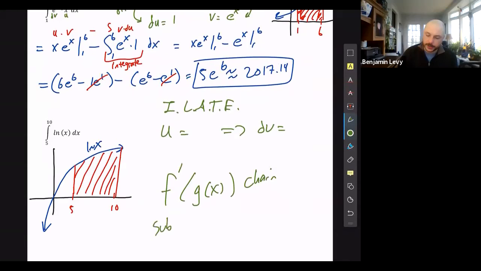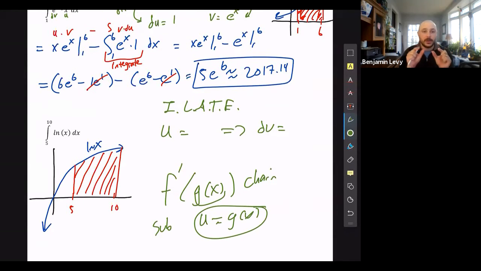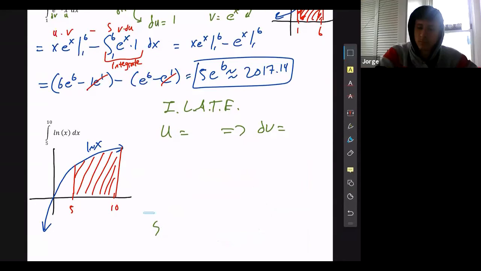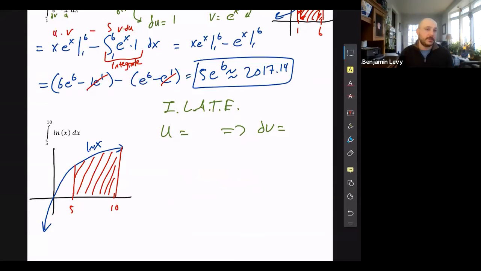In substitution, a lot of the time u ends up being the inside thing. But in integration by parts, there are two things in there and you let u be one of them and dv is the other. So you can't really let it be something inside the other thing. But that was a really good thought. I'm just trying to say that's not going to work here because we need two separate things.